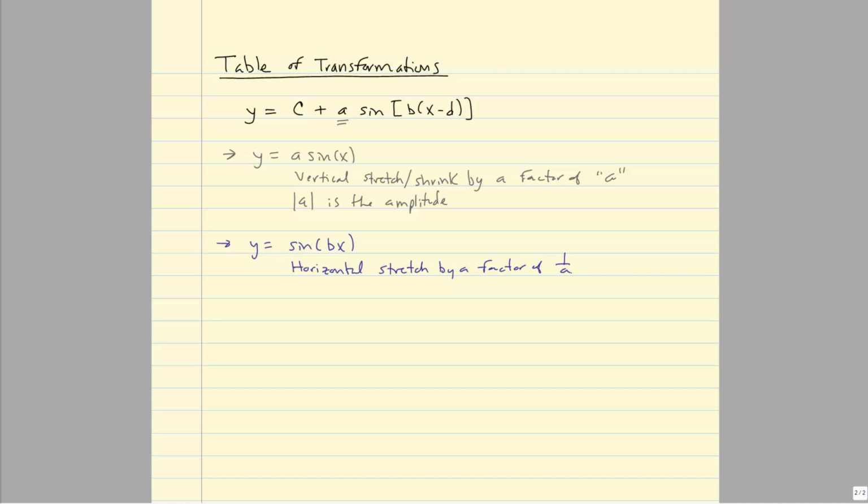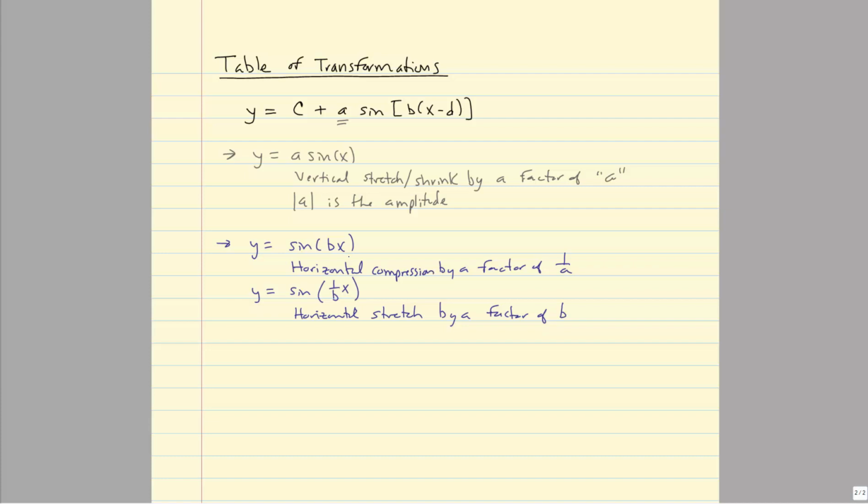Now we also could have this value for b as a fraction. So what if this is 1 over b x? This would be a horizontal stretch by a factor of b. I need to fix this one up here. This is compression. It does the opposite, so horizontal compression.